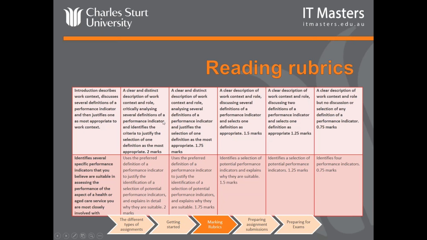And then you get down to the lower level where you've defined something but you haven't done any discussion or selection of any definition of a performance indicator. So this is just a basic rubric that I've pulled up. So you can see at the lower levels they've just done a thing but they haven't gone any further, they haven't thought any harder.